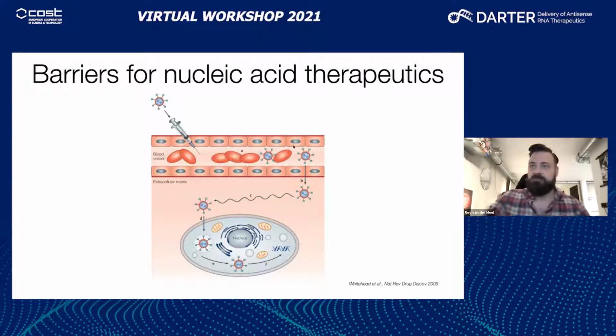Then you need to be able to transport it across the vascular and epithelial barrier, diffuse through the extracellular matrix, make sure it gets taken up in the cell, and then the big challenge, the endosomal escape, as Steve so eloquently talked about in the beginning of this session. Then you need to unpackage the nucleic acid therapeutic itself, where it can induce its gene silencing, gene expression, or gene editing function.